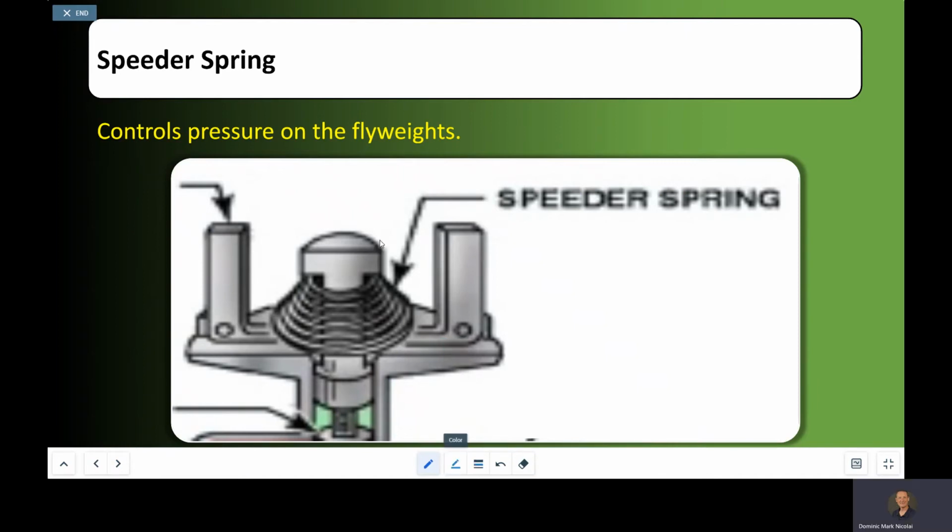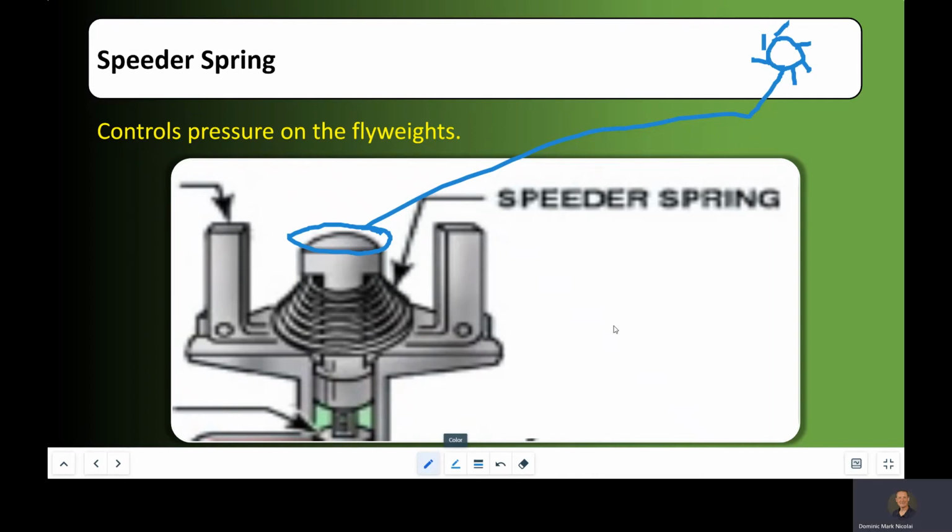So there would be a little connection here. Very crudely drawn prop handle. And it's in the cockpit there, that blue handle. And it's connected to a plate right on top of the speeder spring. And by pushing forward on the prop controller, you are compressing the speeder spring.